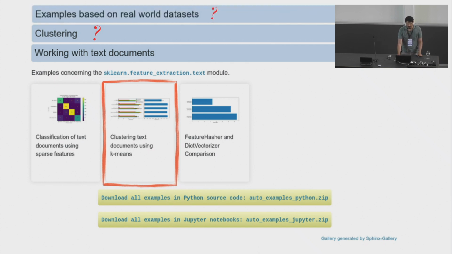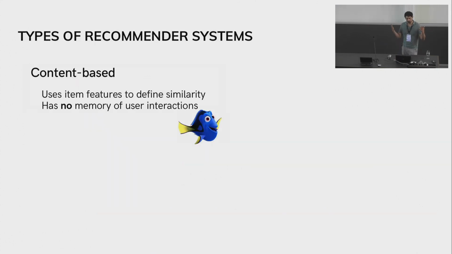It's relevant. And you could also, why not, put it in the module of real-world datasets because it's trained on the 20 Newsgroups. So it's hard to decide where to put it. So the solution that we are proposing is a recommender system.